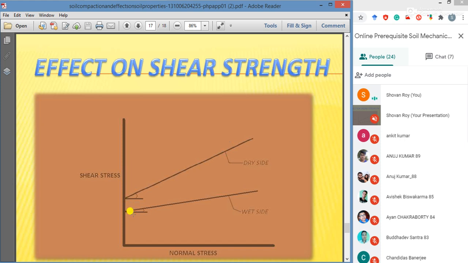But wet density is important where my soil is totally open to a water environment, where water is present, like an earthen dam, waterlogged area, road construction in waterlogged area, or in rainy areas like Cherrapunji, where it is always raining.